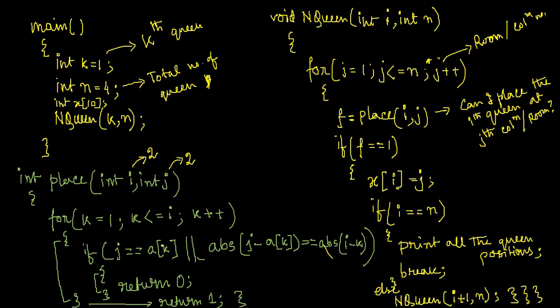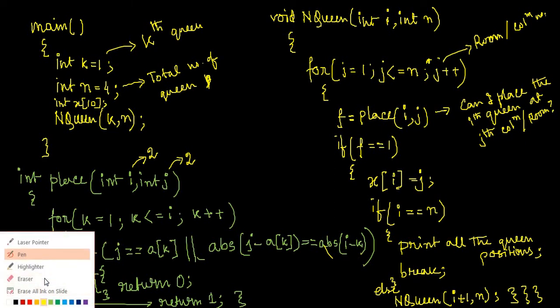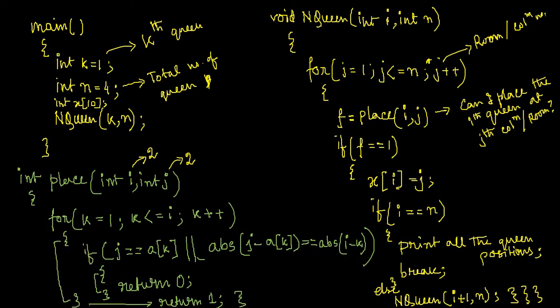Fine. But if you go to this second side, you see, just a minute. j is equal to 2, a of k equal to 1, that means 2 minus 1, fine. And on this side, i is equal to 2 and k is equal to 1, that means 2 minus 1, they are same.